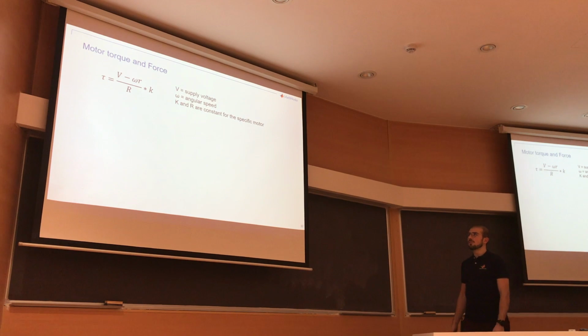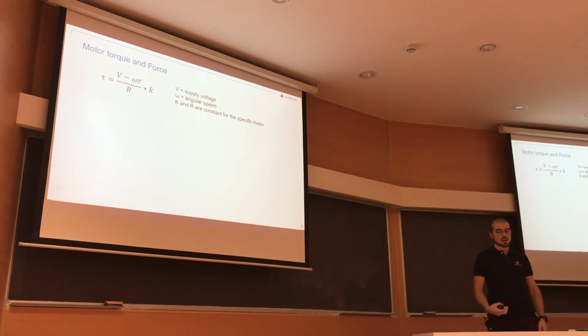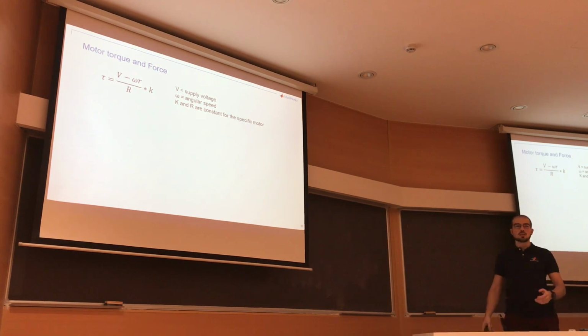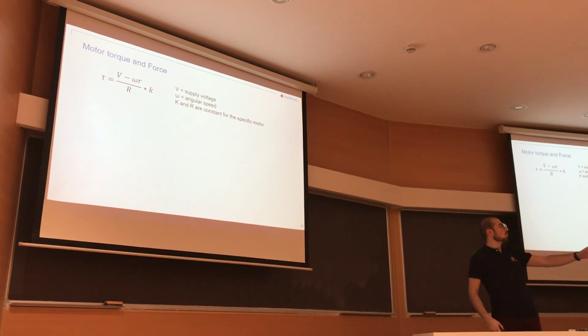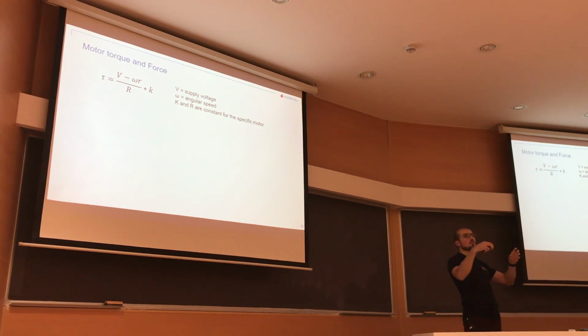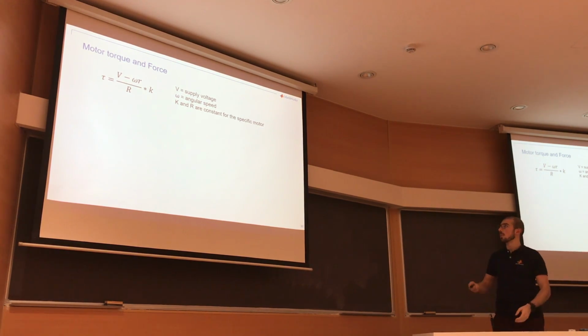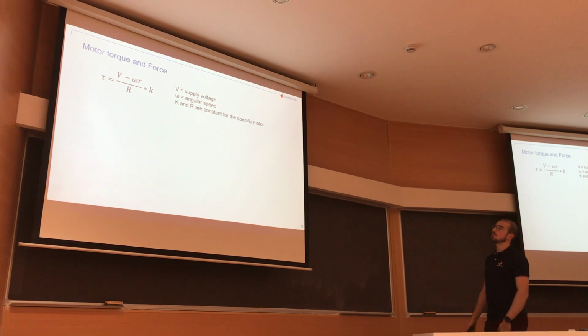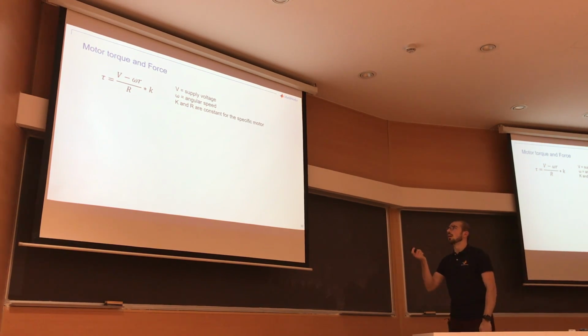So we need to define exactly which torque this motor can generate, because you can imagine that while you move it on the surface, it will generate some type of torque, some type of force, in order to pull the drawing robot to some place. In this case, we have a formula that is quite easy.